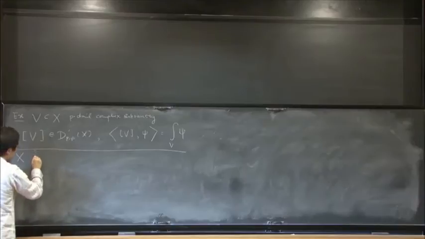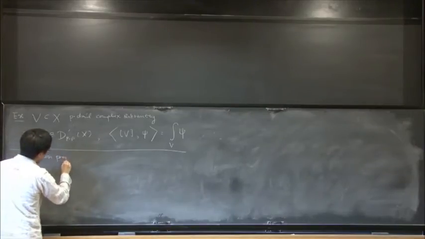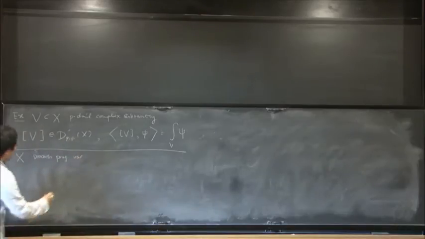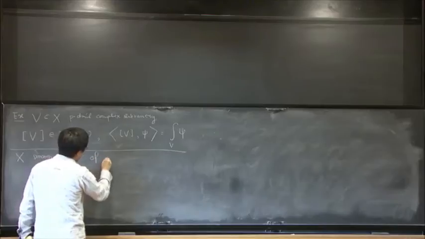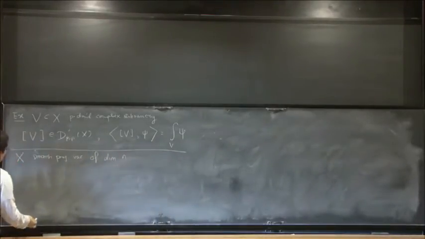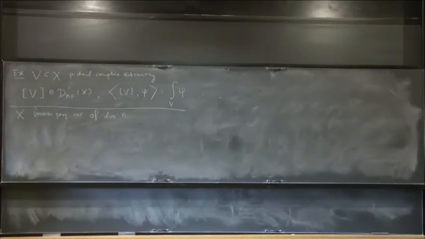So let's consider the case when X is a smooth projective variety over the complex numbers of dimension n. And then you can define a homology class out of closed currents.